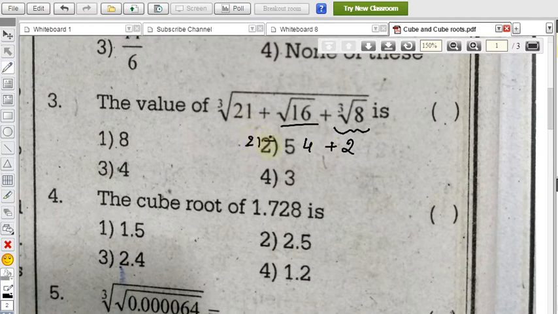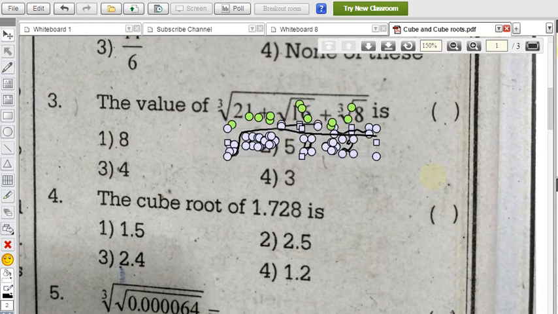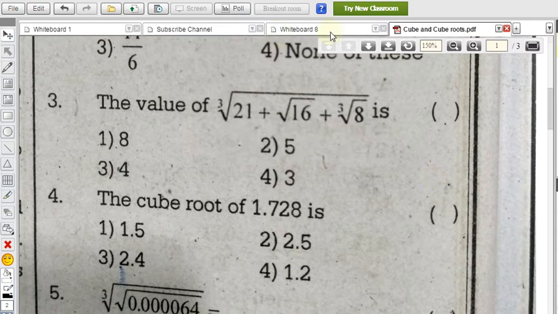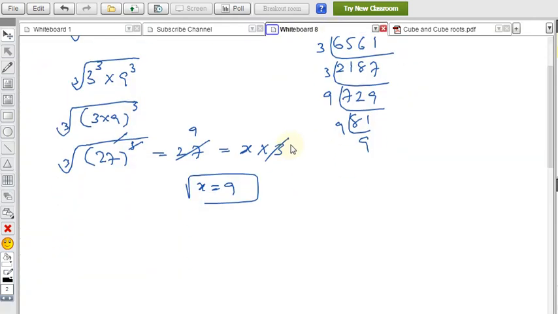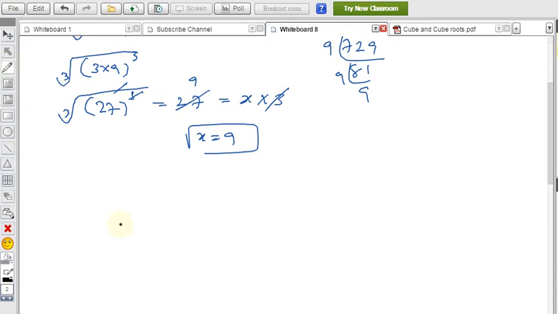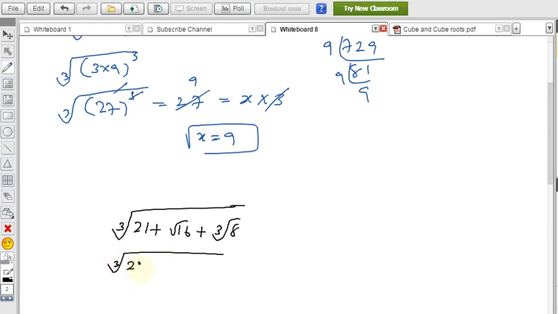So cube root of 21 as it is, root 16 is 4, cube root of 8 is 2. Then 21 plus 4 is 25, plus 2, 27. So cube root of 27 is 3. 3 3s are 9, 9 3s are 27.